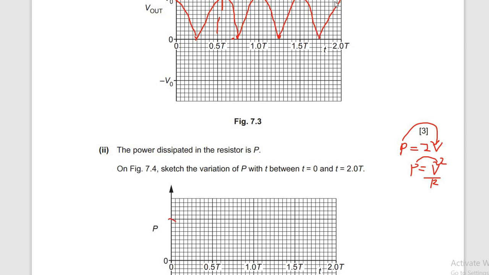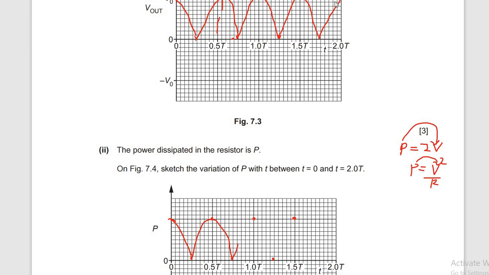1, 2, 3, 4, 5. Start from here to here. This is a peak. This is a peak. This is a peak. So 5, 6, 7, 8, 9, 10.